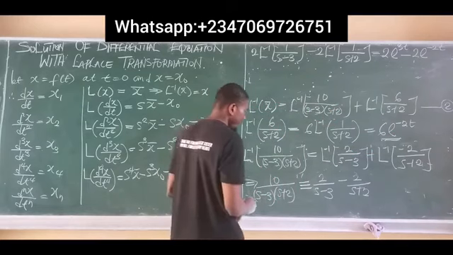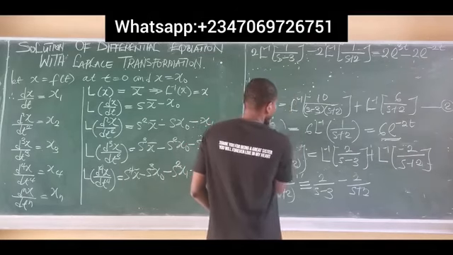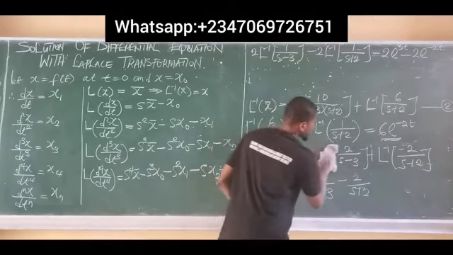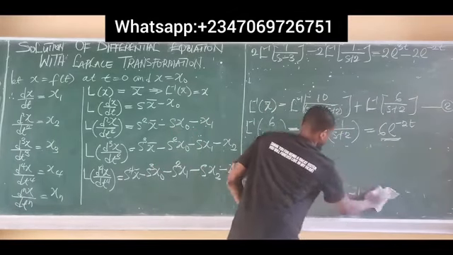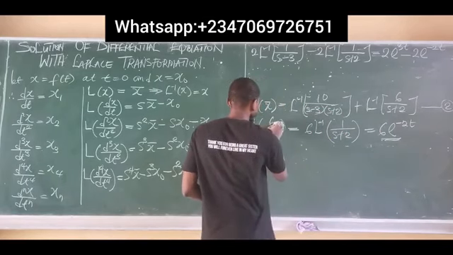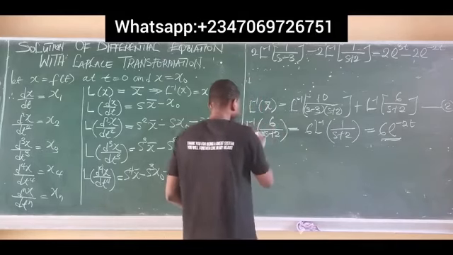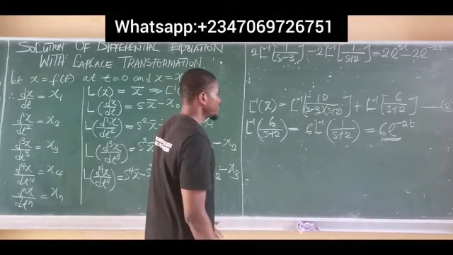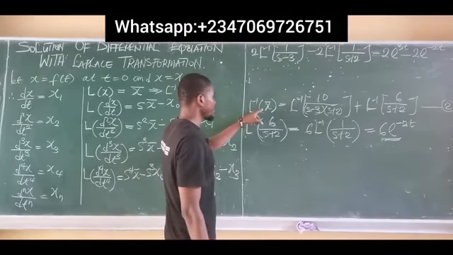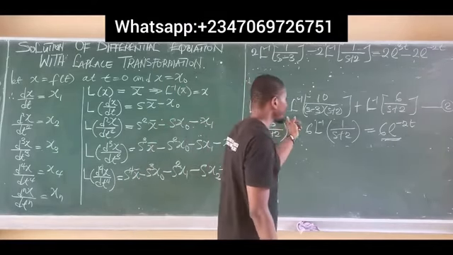Therefore, the solution of the differential equation can now be written as, remember, the Laplace inverse of x bar will simply give us x, and this is equal to the Laplace inverse of this compound fraction.